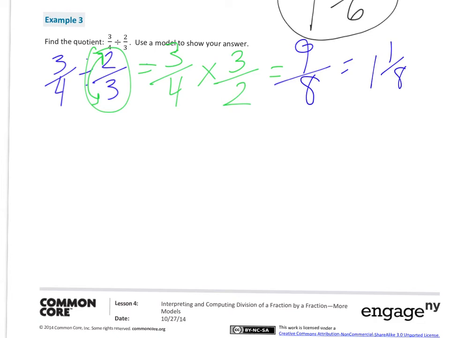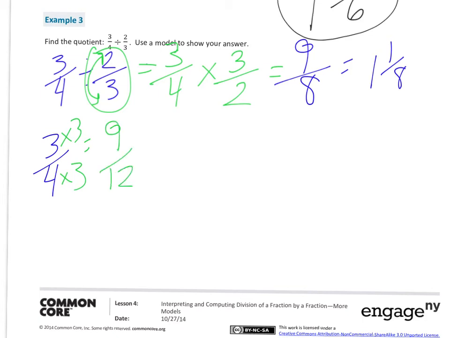So you can't really draw 3/4 divided by 2/3, so we need to turn everything into a fraction that matches. So that means their denominators match. So we're going to turn, let's see, we have 3/4. Let's go times 3 times 3. If you do it to the bottom, you have to do it to the top. 9/12.